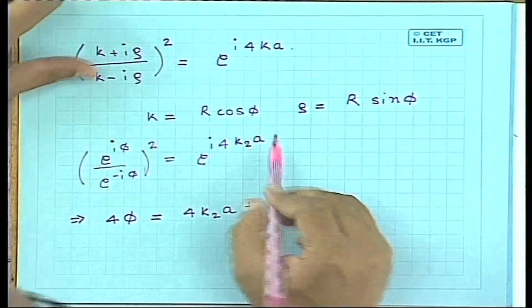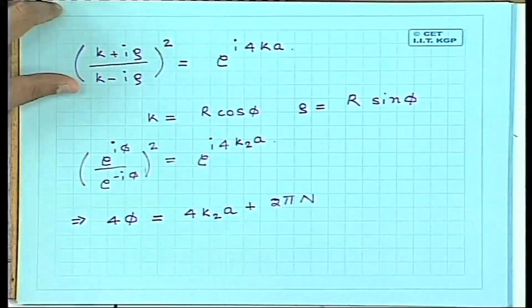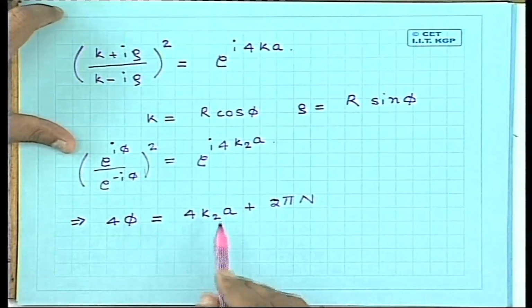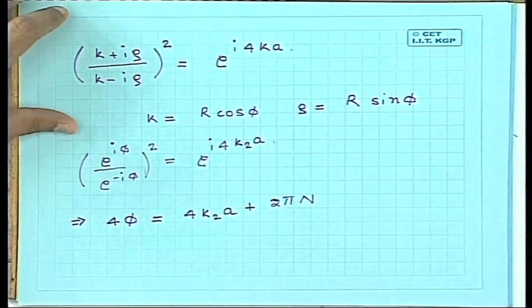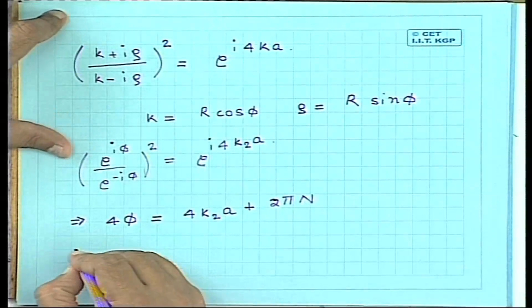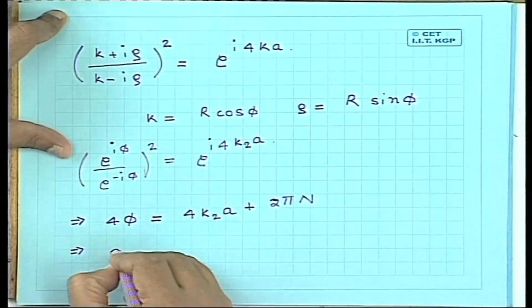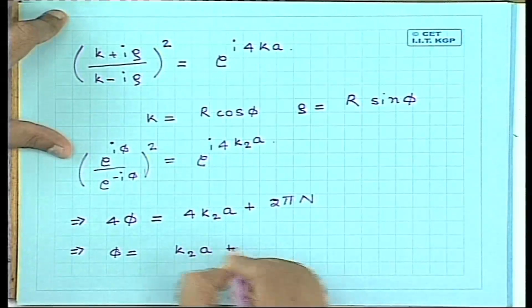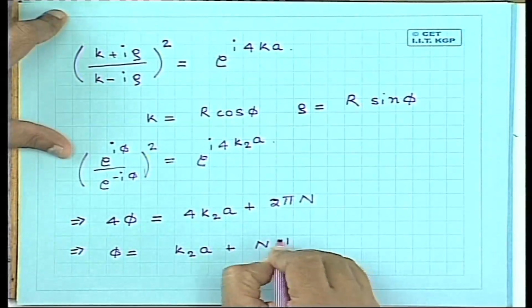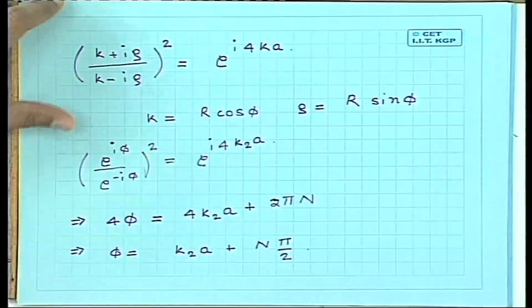I could always add 2 pi n to this without changing it. So I have this relation between phi and k2, where phi is defined over here. So this implies that phi is equal to k2a plus n pi by 2.